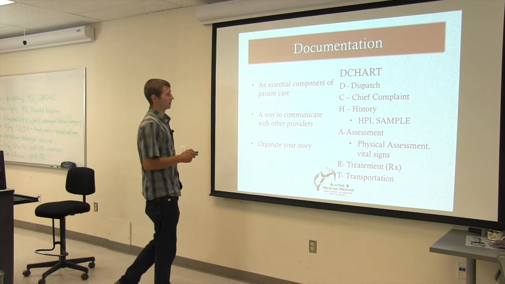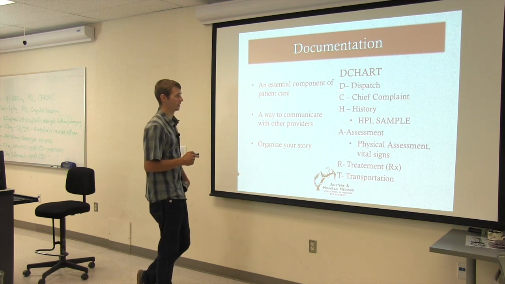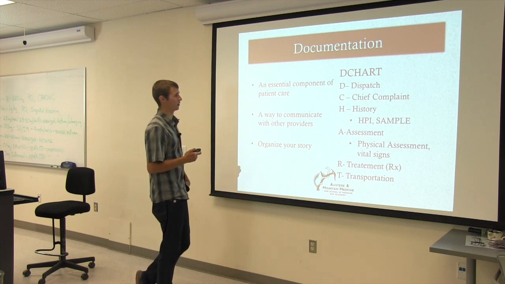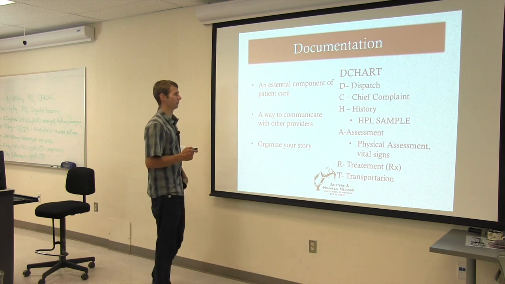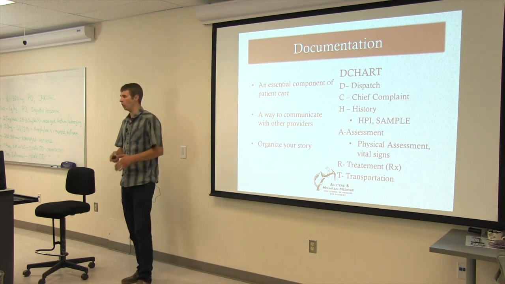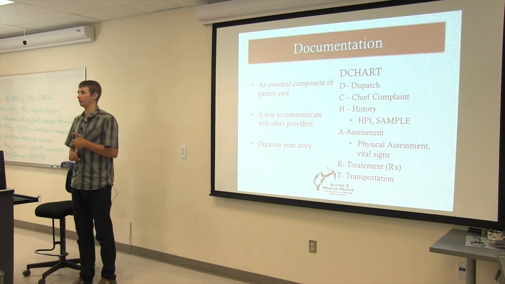So one format for documentation is this D chart. D is for dispatch information. This is if you're part of a rescue team that gets sent out. So if you're just outside in your recreation and you're not getting dispatched, then obviously you leave this out. But basically your dispatch information is what time you got dispatched and what your initial information was.